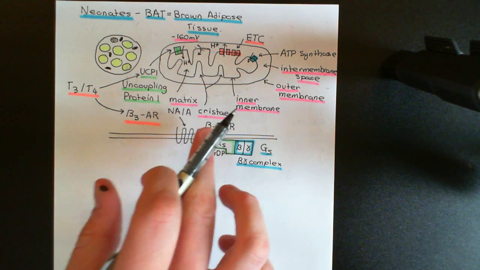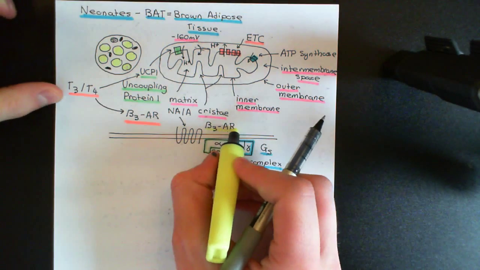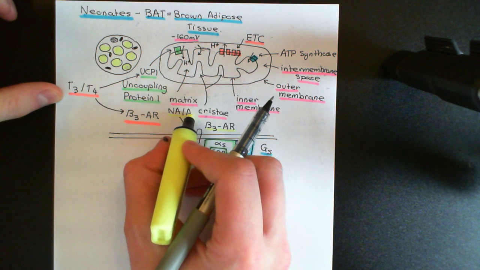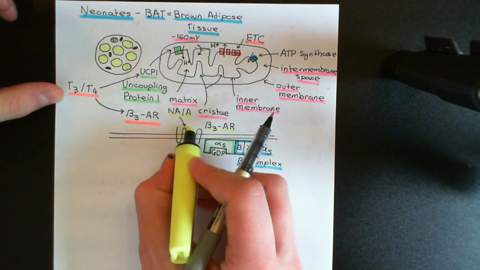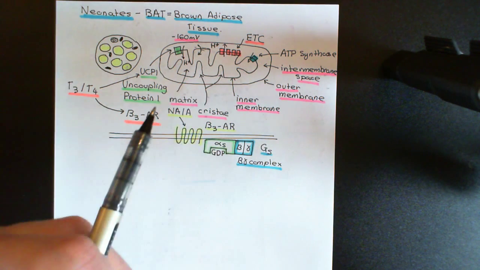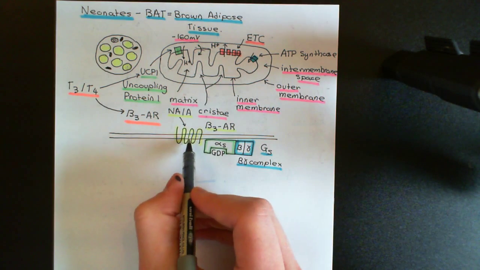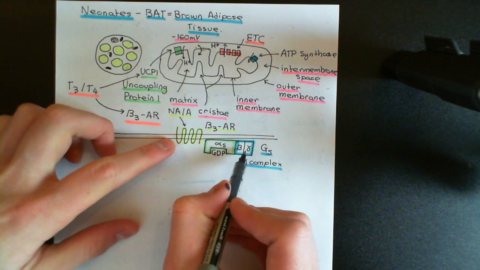We've got the beta-3 adrenergic receptor, which has not yet been stimulated. When the beta-3 adrenergic receptor is stimulated by noradrenaline or adrenaline, it changes conformation. Specifically, the intracellular portion changes conformation, and now forms a docking site that can bind to the GS heterotrimeric G protein.